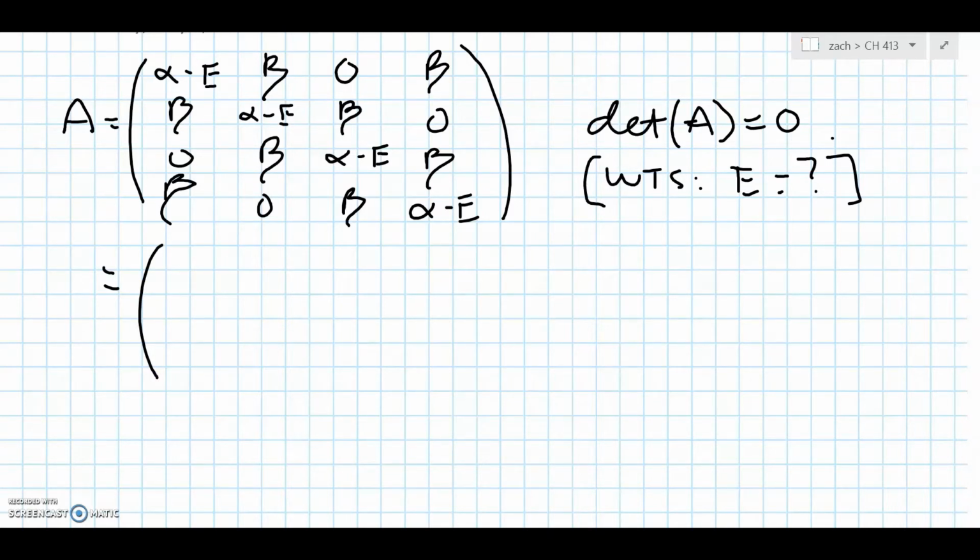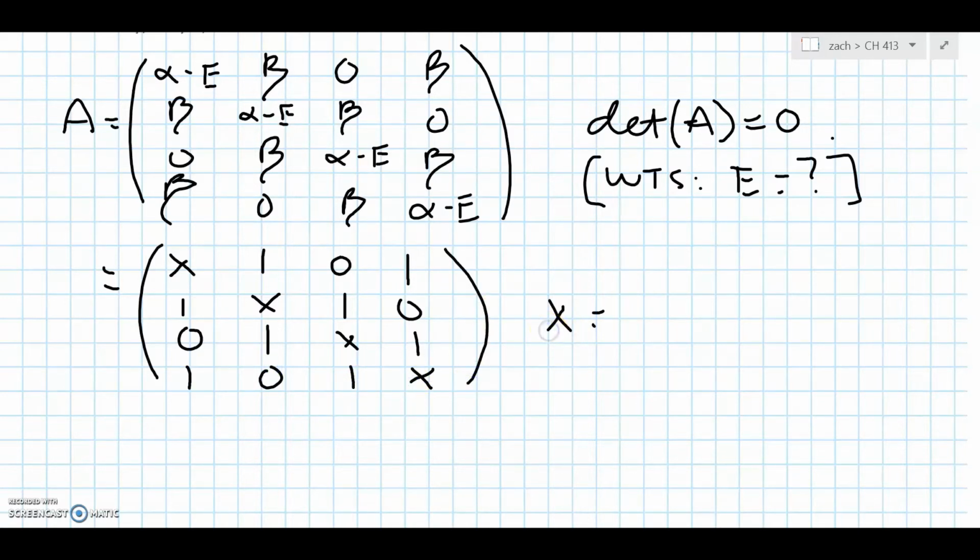By dividing by beta, we get x, 1, 0, 1; 1, x, 1, 0; 0, 1, x, 1; 1, 0, 1, x. We denote this x as alpha minus E divided by beta, just so it's a little bit easier to solve the problem.